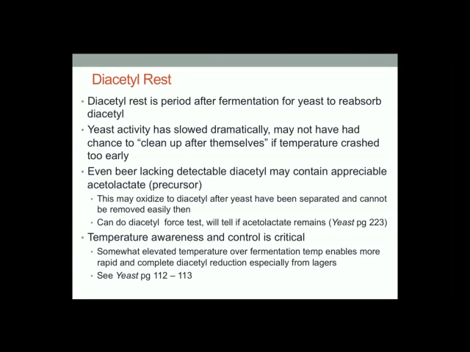And part of extending that stationary phase is to allow for a diacetyl rest. This is after fermentation has slowed down, to give yeast additional time to reabsorb the diacetyl. They may not have had a chance to clean up after themselves and reabsorb it if the temperature is crashed too early.